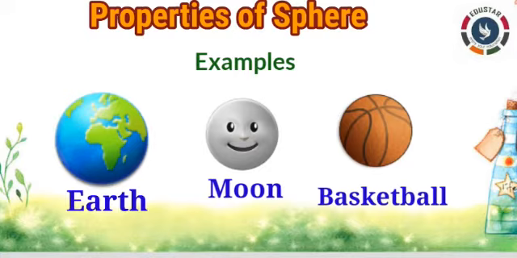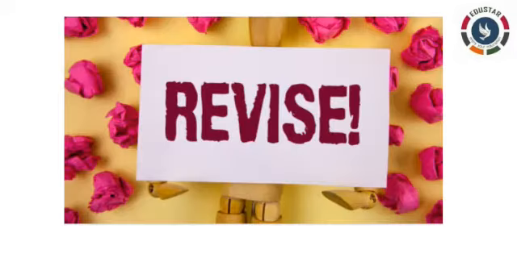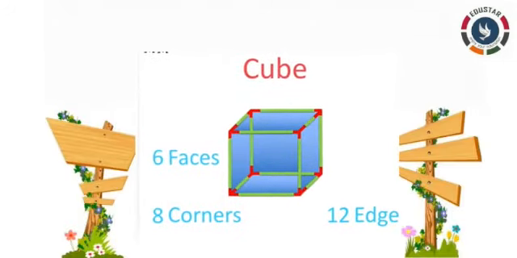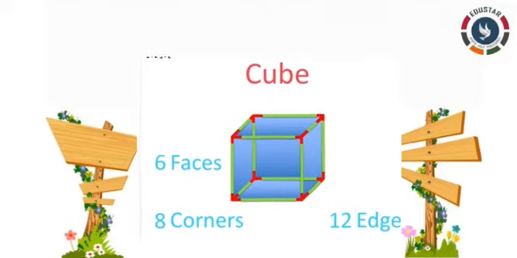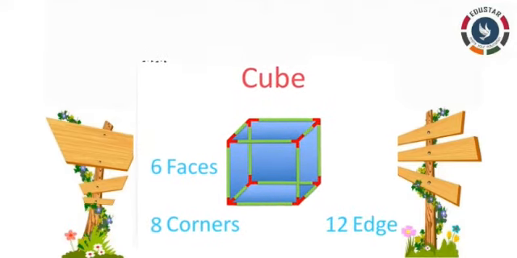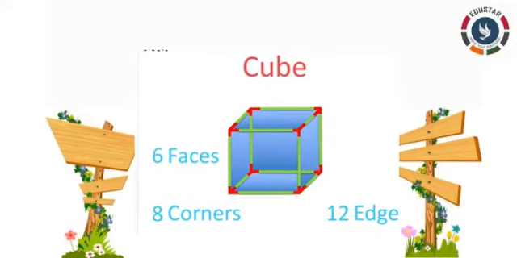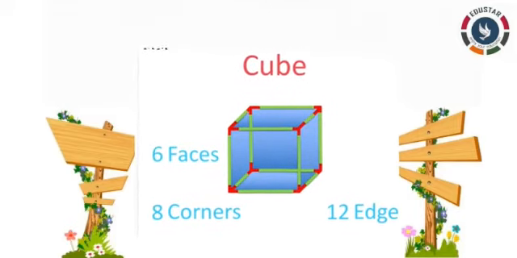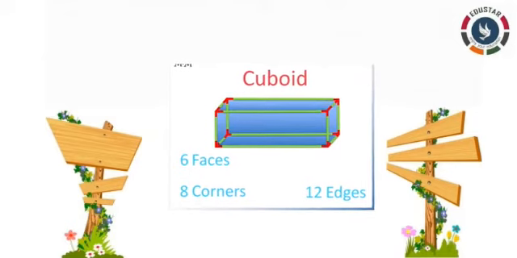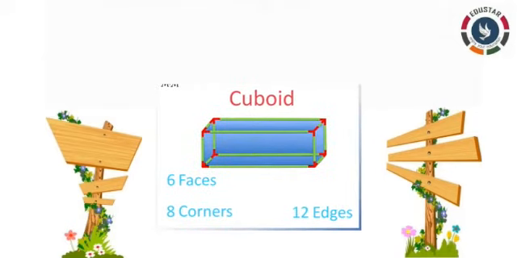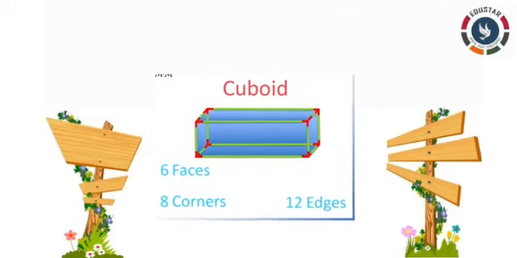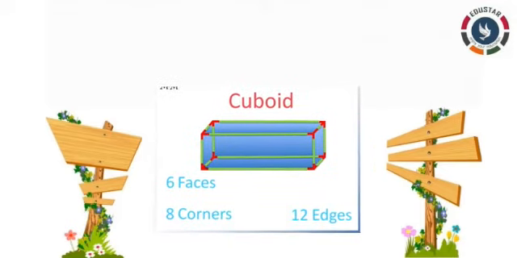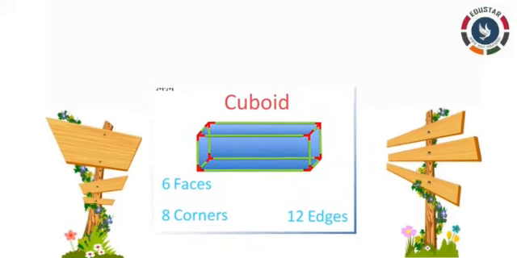Okay, students. Shall we revise one more time? Cube has 6 flat faces, 12 edges, and 8 corners. Cuboid has 6 flat faces, 12 edges, and 8 corners.